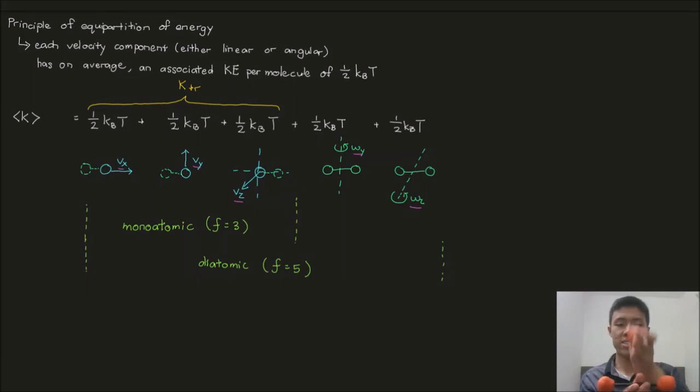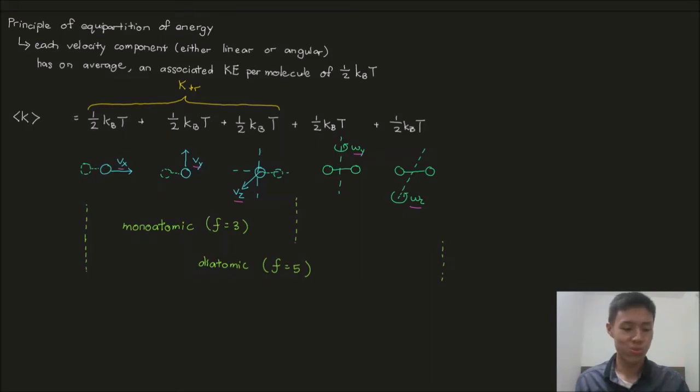I have this axis done, then I have this axis done, then I'm left with this axis. So this axis moves like this. Okay, so that's another rotational motion.